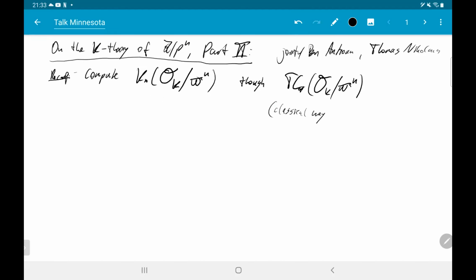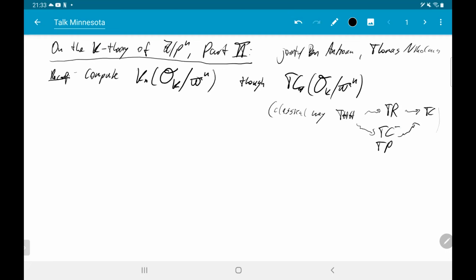The way this was first done is you start with computing THH and then something like TR, which is another refinement, and then TC. And there are more modern ways that go through computing TC minus and TP, which are yet other refinements, certain kinds of fixed points on THH, and then to go to TC from there.